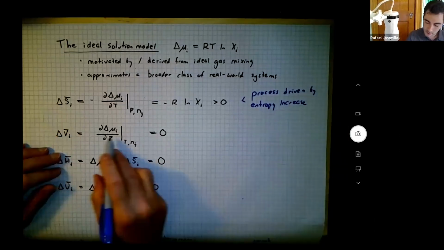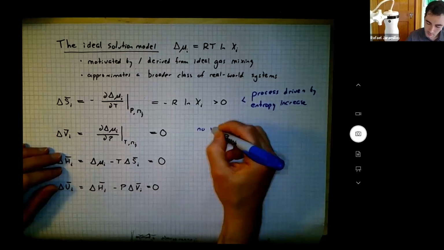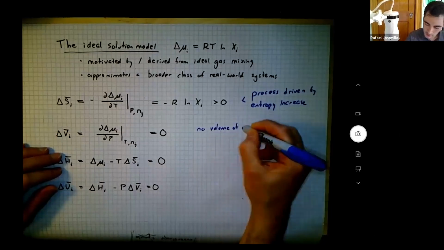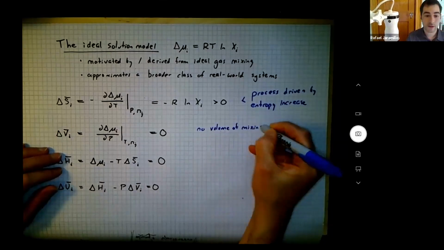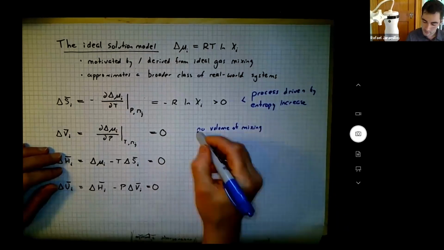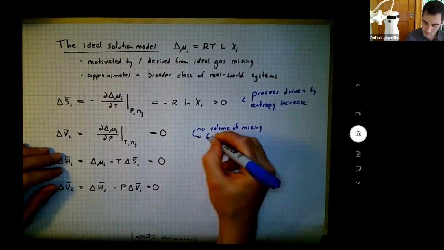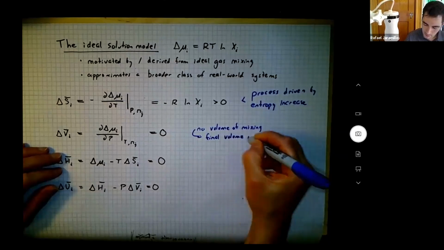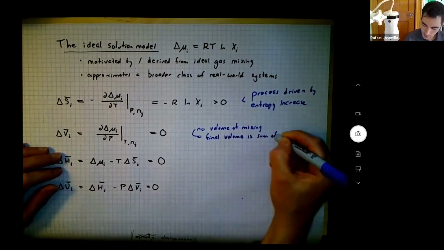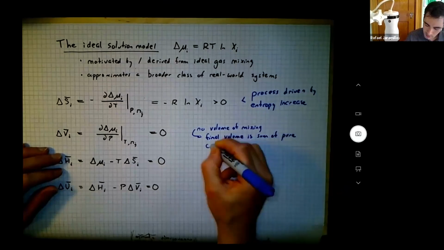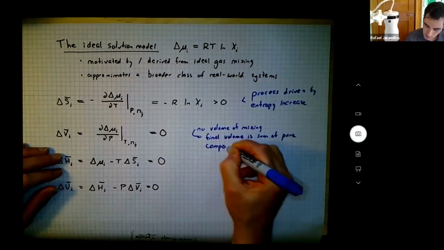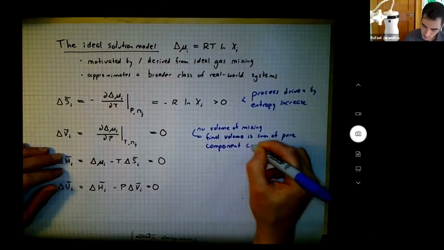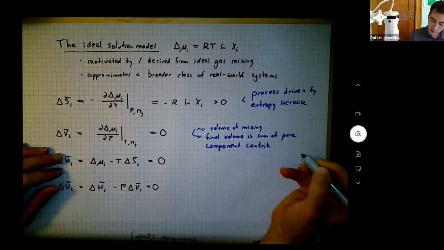There is no volume of mixing for ideal solutions. The final volume is the sum of pure component contributions. That's good.